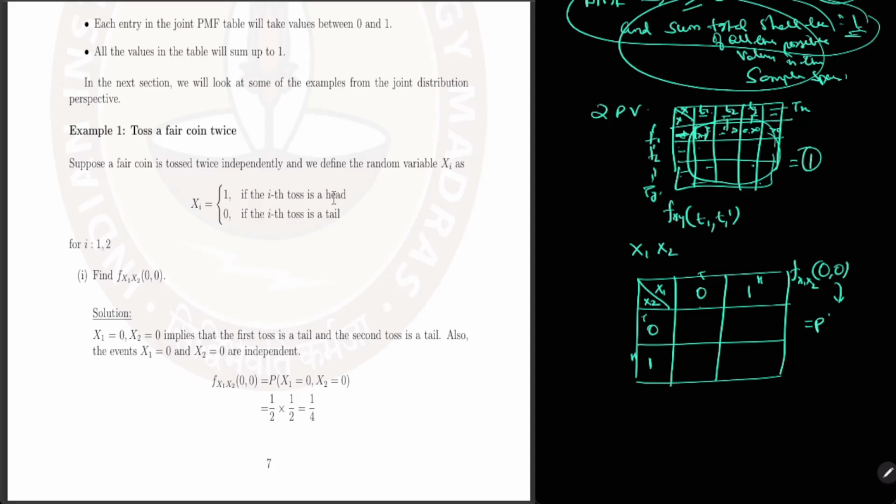This is the probability of X1 intersection X2.